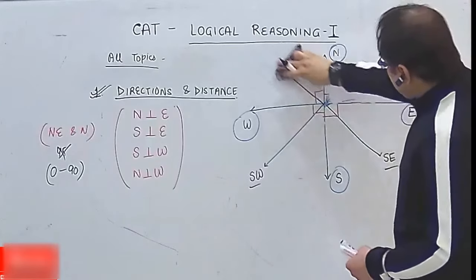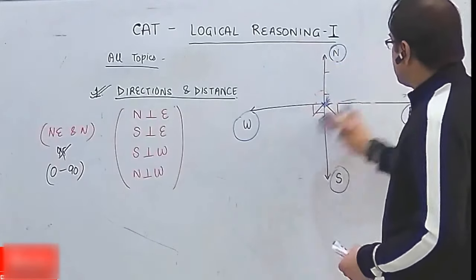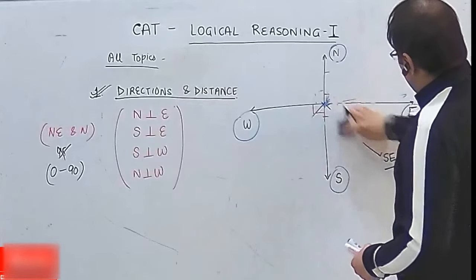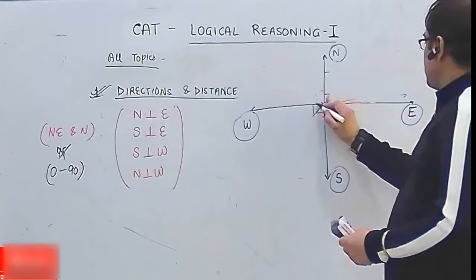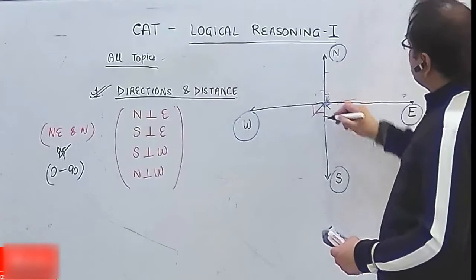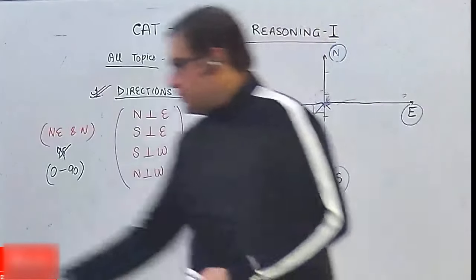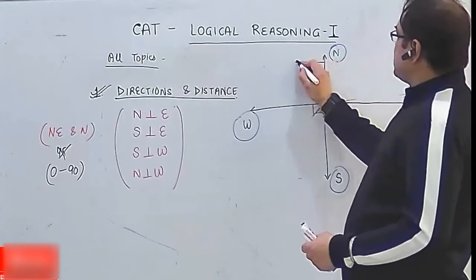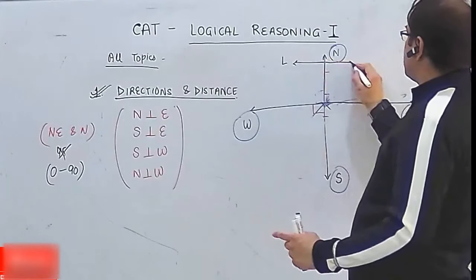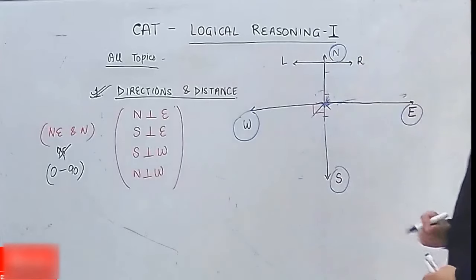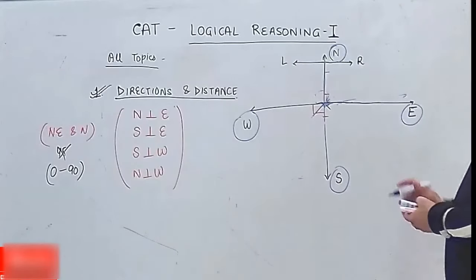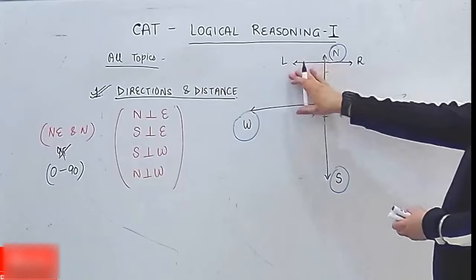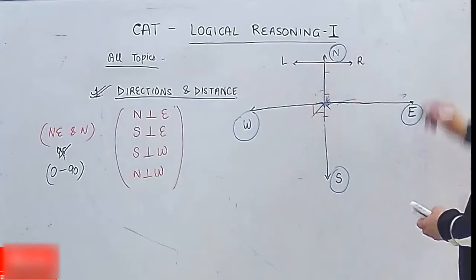If I start in the north direction, students, which is left and which is right? This direction is your left hand and this direction is your right hand. We should be very clear with this, and we should apply this while solving the questions.